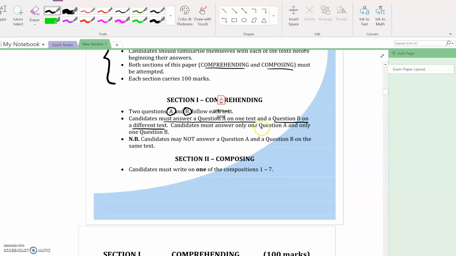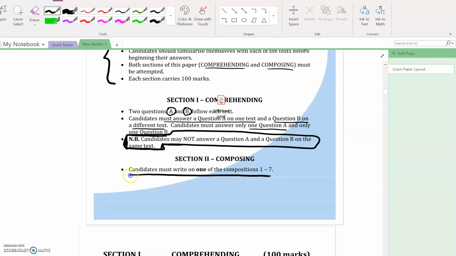Candidates must answer only one question A and only one question B. You must not do an A and a B from the same text. If you do, you'll only get marks for one of them, and several people have lost out before in the past for doing that. And then in section 2, you must write on one of the compositions, one of the longer essays.